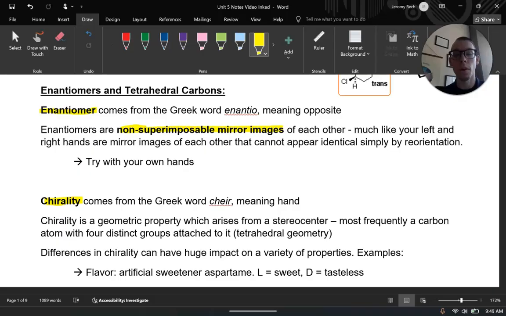And those groups are going to be arranged in a certain order. And we're going to be able to define the handedness, and that word hand from Greek is actually where the word chirality comes from, to describe that specific arrangement of atoms. And one of the questions is, why does it matter?